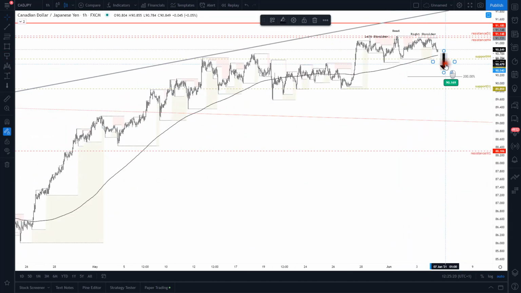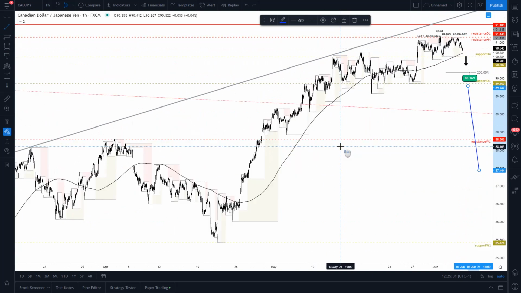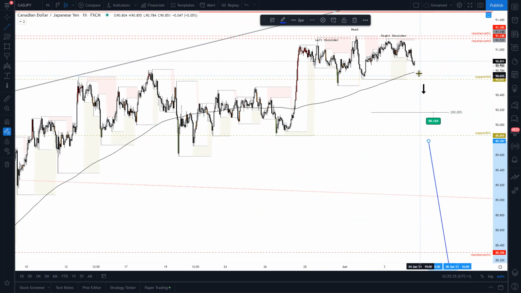This is the default target for that pattern, so I'm not expecting it to offer me a short with the magnitude that I'm expecting for the pattern above. But at least it's a starting point.